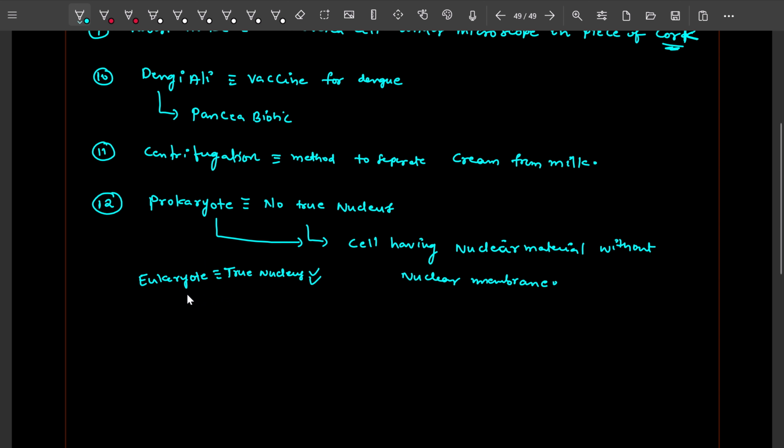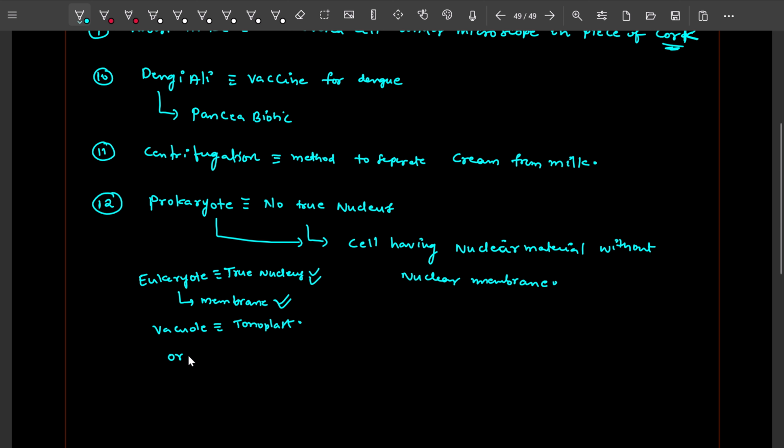Their nuclear material is covered by the nuclear membrane. And the vacuoles are also covered by a membrane called the tonoplast. They are membrane-enclosed vacuoles.